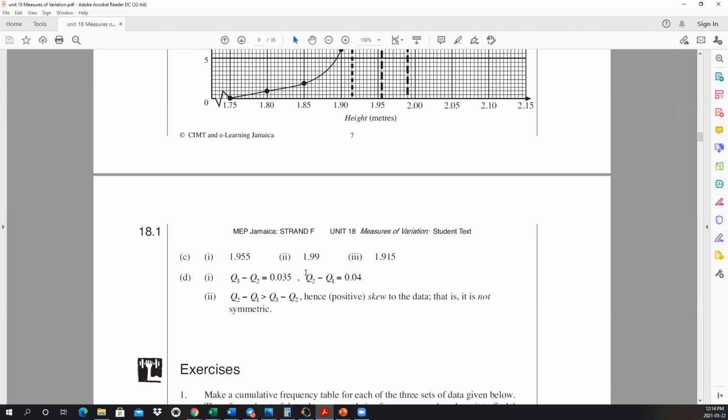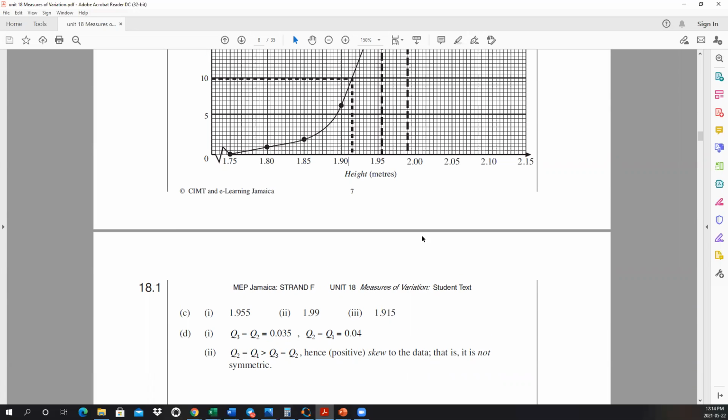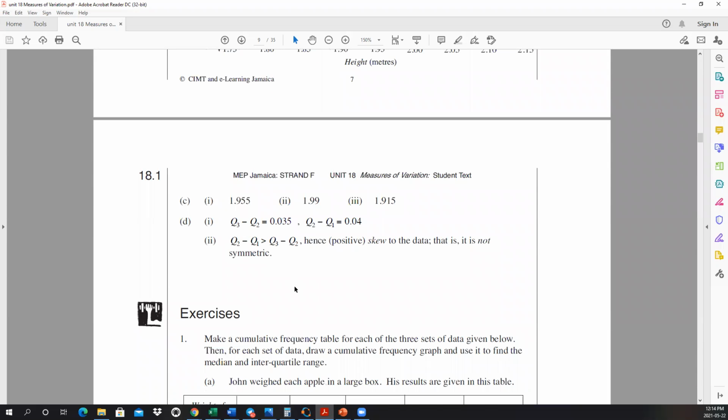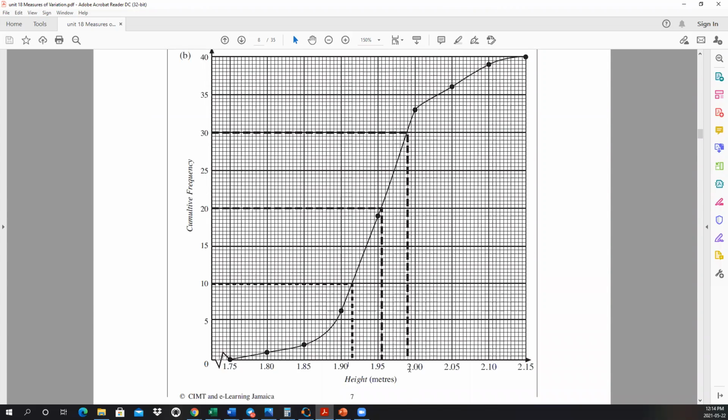And then this one is the median, 1.955 minus the lower quartile, which is this one out here. So that looks like 1.915. We take the difference to get 0.04.